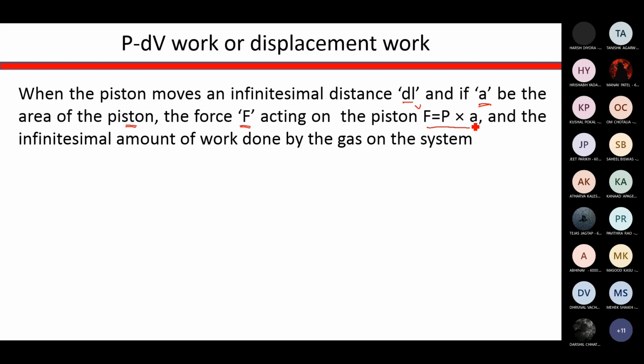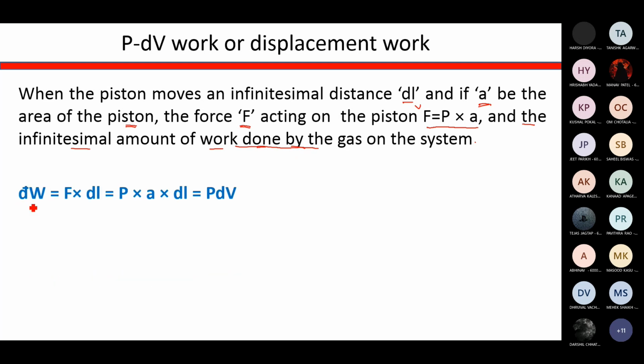So F is equal to P into A, and the infinitesimal amount of work, when I say infinitesimal, it means on the elemental level, is the work done by the gas on the system. Why am I saying work done by the gas on the system? Because the expansion is taking place, so work is done by the gas.